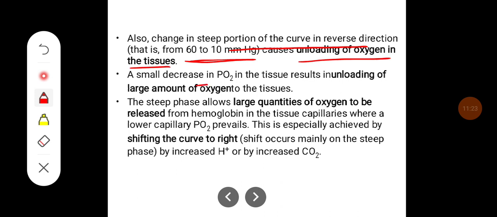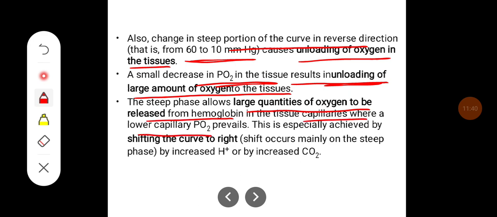A small decrease in the PO2 in the tissue results in unloading of a large amount of oxygen to the tissues. The steep phase allows large quantities of oxygen to be released from hemoglobin in the tissue capillaries where a lower capillary PO2 prevails. This is especially achieved by the shifting of the curve to the right side. That shift occurs mainly on the steep phase by increased H+ ions or by increased carbon dioxide.